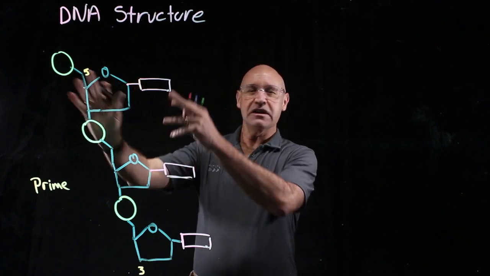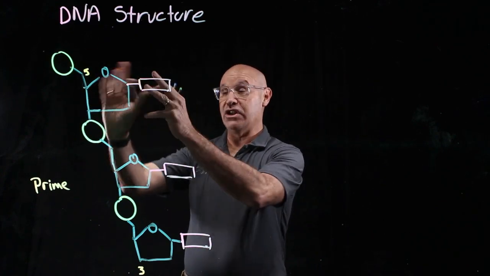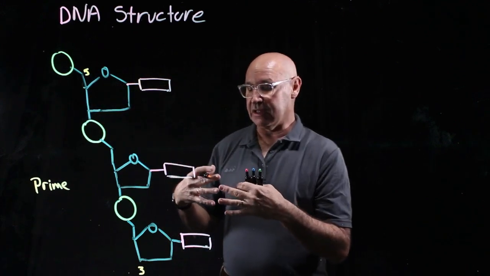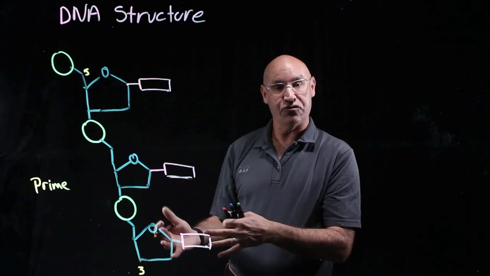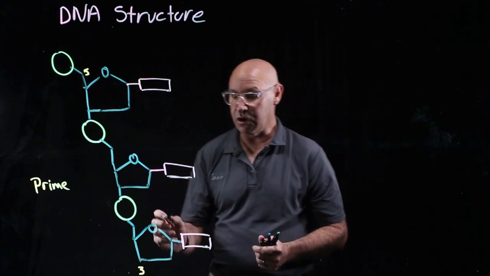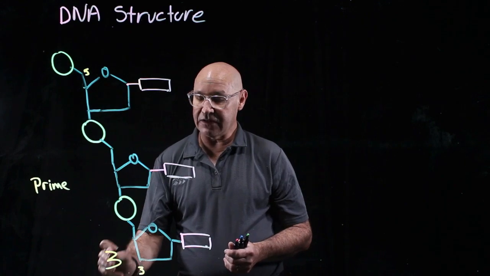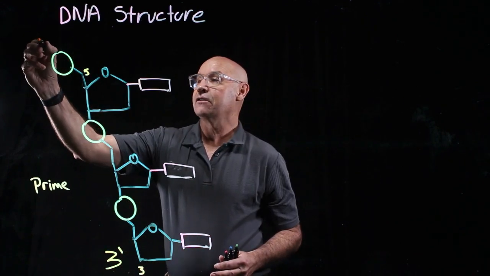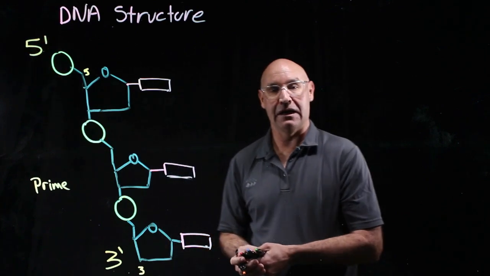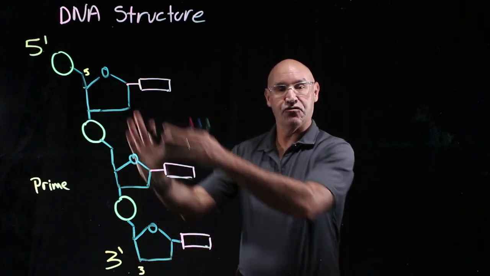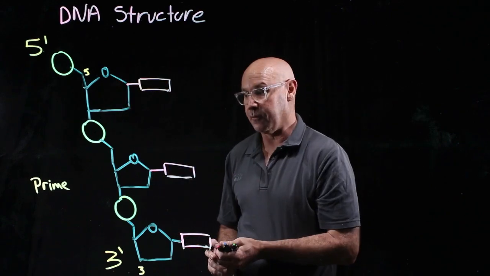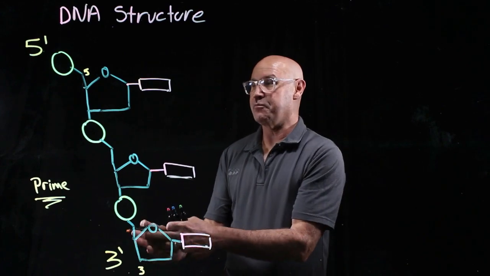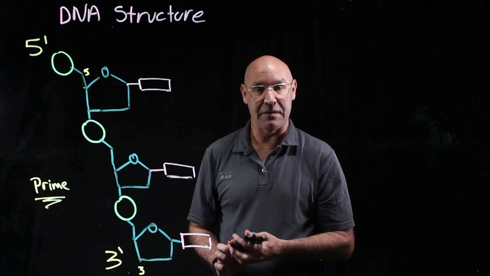So not only can we label the carbons in our individual nucleotides, we can actually label the whole DNA strand by this information as well. So we call this end of our DNA the 3' end, and this end we call the 5' end. So the actual DNA strand has directionality as well. That's what we mean by 3' and 5'.